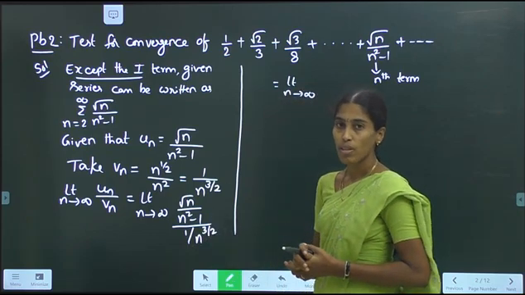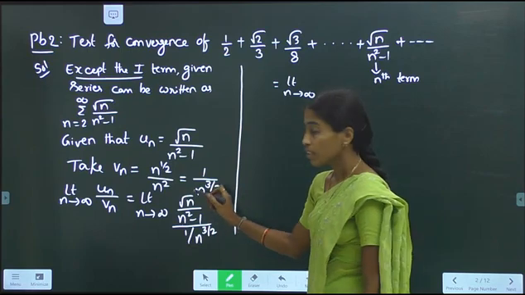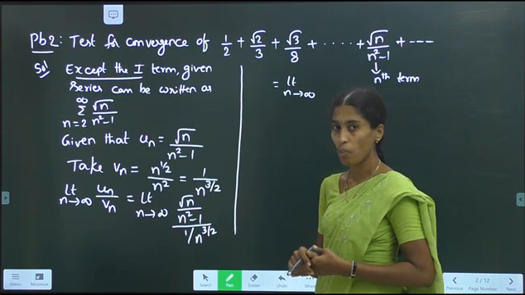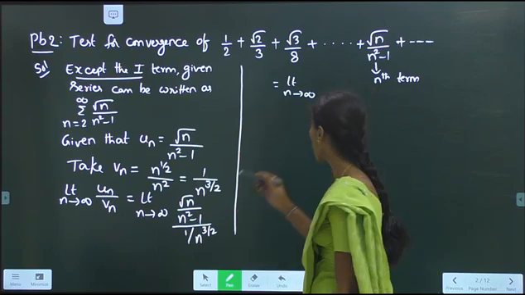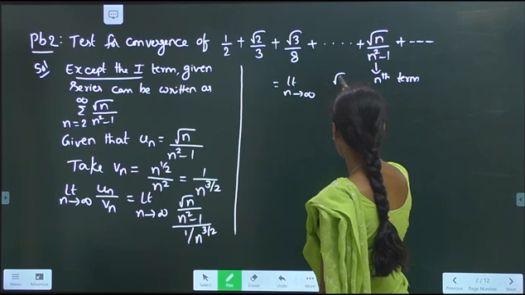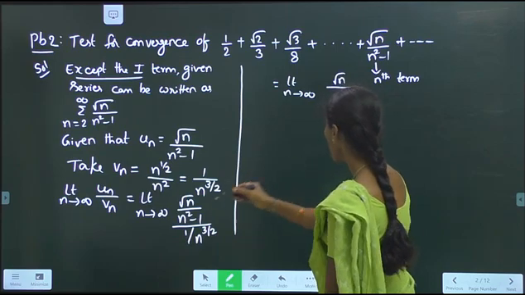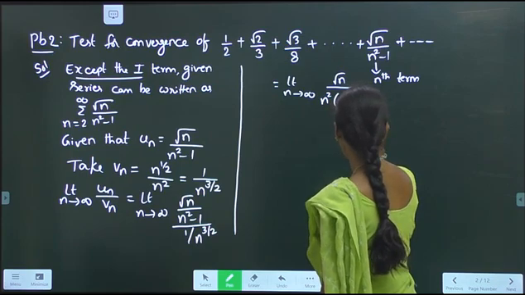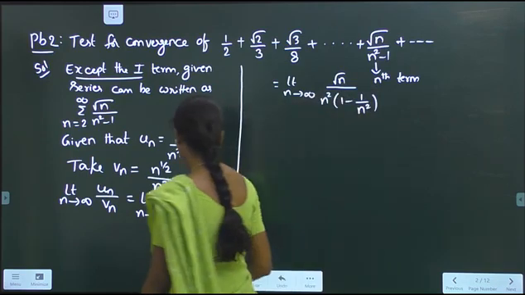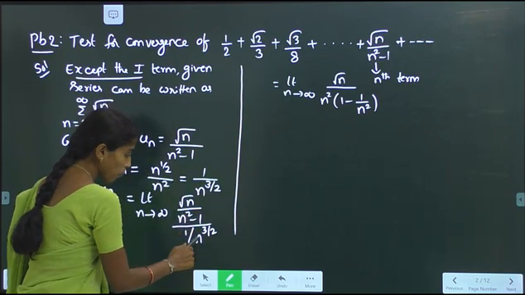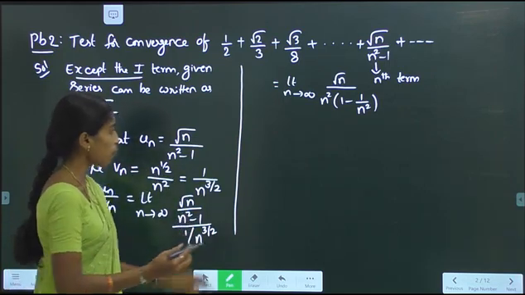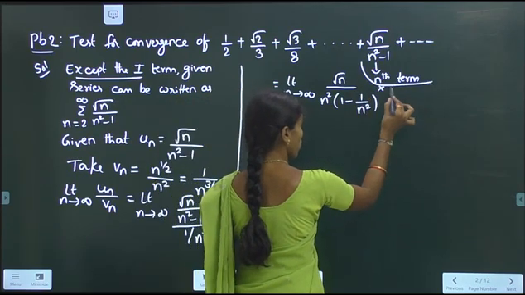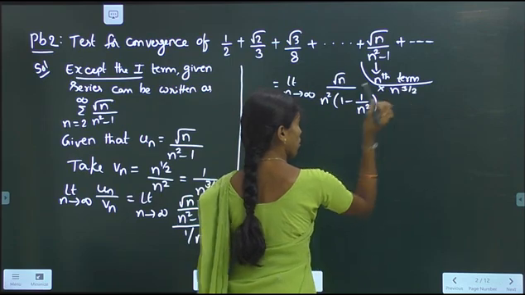Already in the previous sum also I said clearly, taking common the maximum power of n from the numerator and also from the denominator of un, right? So, root n means its maximum power is root n. From the denominator, after taking common n square, 1 minus 1 by n square. 1 by n power 3 by 2, it goes up, it becomes n power 3 by 2.